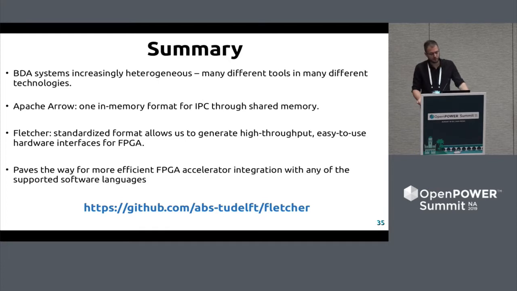One in-memory format for any component, and then we do inter-process communication through shared memory. Now Fletcher enables you to use that standardized format and generate high throughput, easy to use hardware interfaces for FPGA. And then that paves the way for more efficient FPGA accelerator integration with any of the supported software languages.